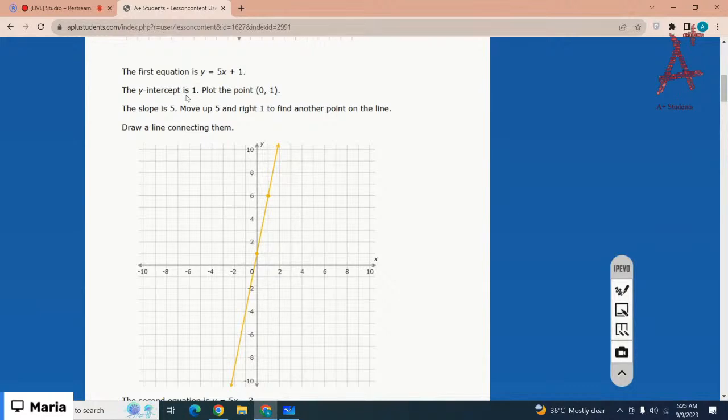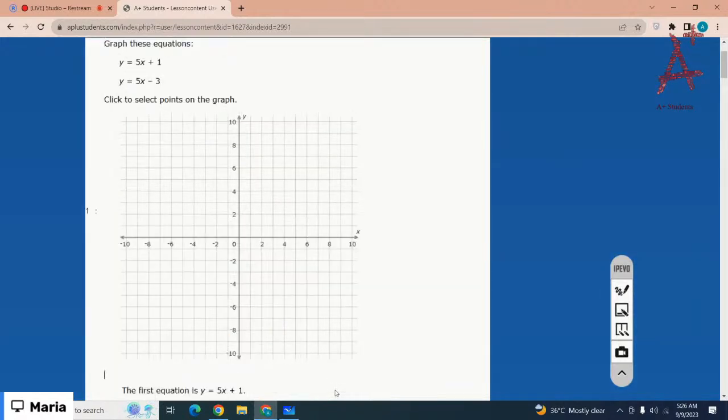The slope is 5. That means that is 5 over 1. So the graph moves up by 5 and right by 1. You can see here is another point that you got from the slope. You have to move right 1 point and up 5 points, right?